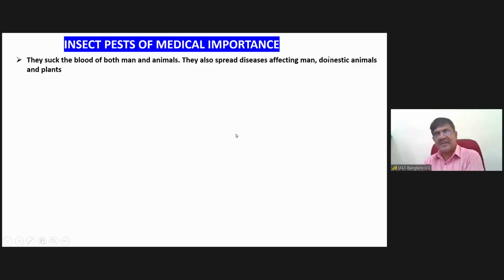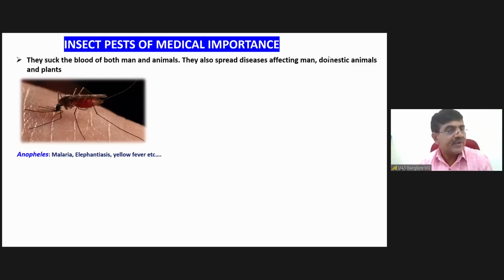Also there are some insects which spread diseases. For example, you might have heard of mosquitoes. There is one mosquito species called Anopheles.